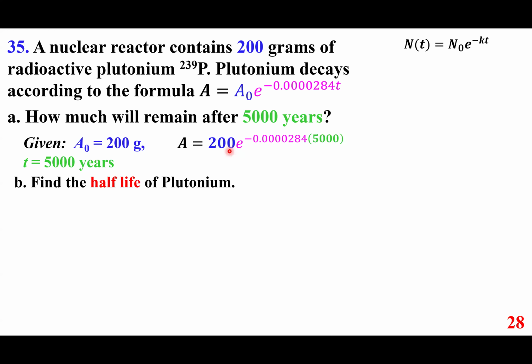A is 200, e to the power of negative 0.0000284, and then the T is replaced by 5,000. You multiply those two, you get negative 0.142. You raise e to that power times 200. You get 173.52 grams, which means if you have 200 grams of plutonium-239, 5,000 years later, 200 goes down to 173.52 grams.